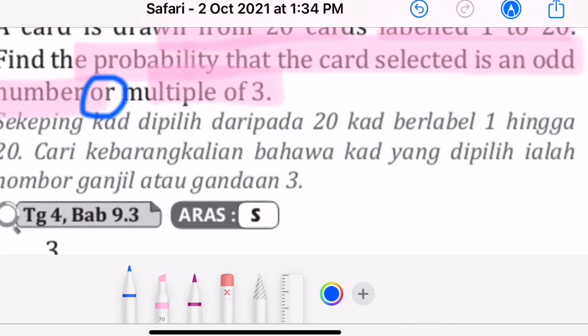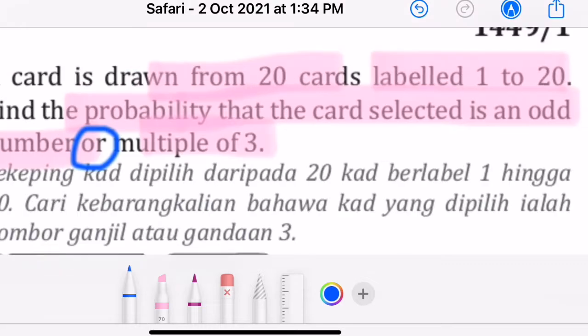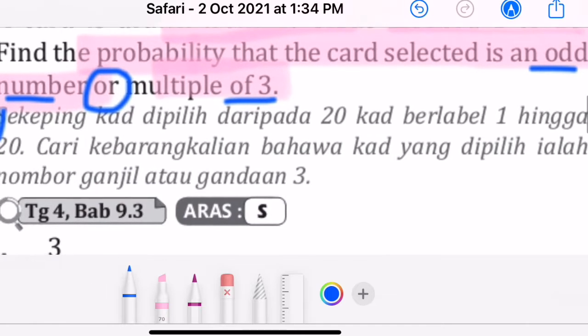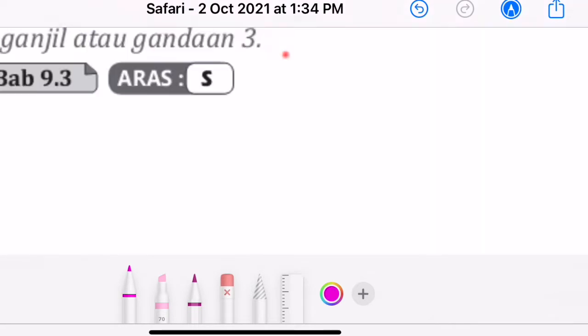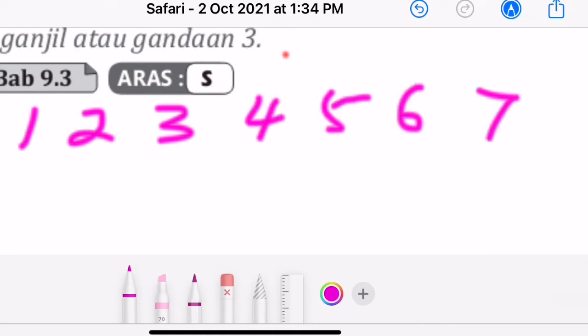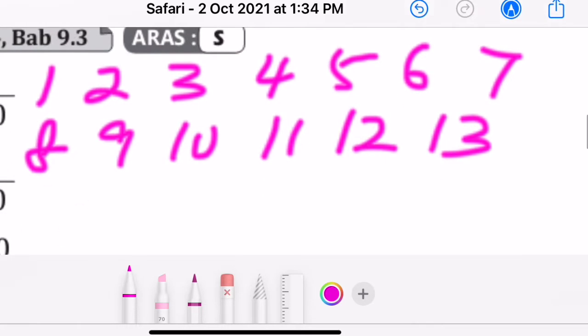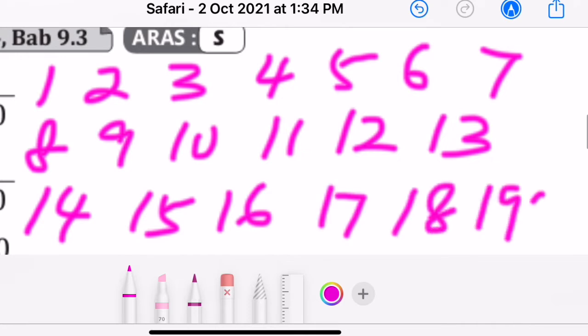Okay, let's list out 1 to 20: 1, 2, 3, 4, 5, 6, 7, 8, 9, 10, 11, 12, 13, and then 14, 15, 16, 17, 18, 19, 20.